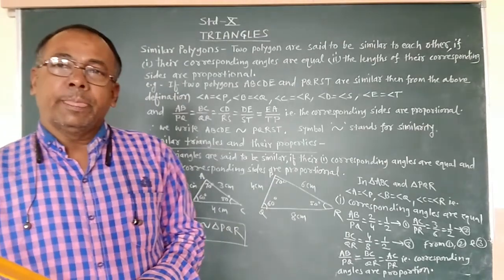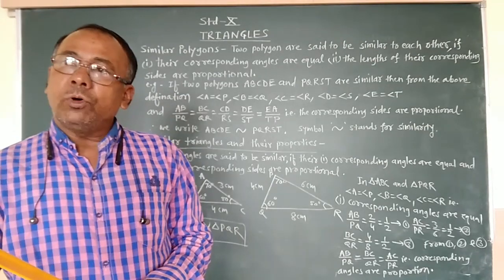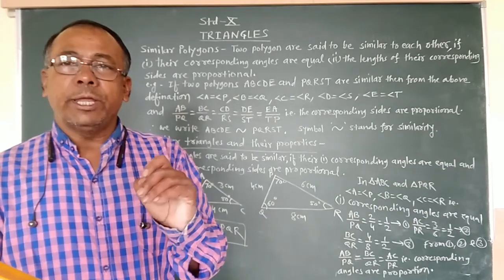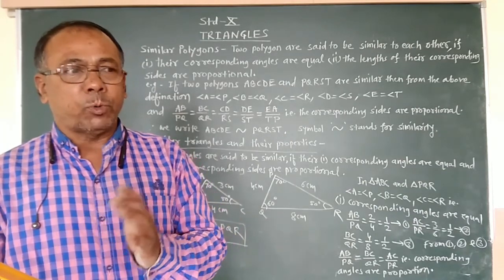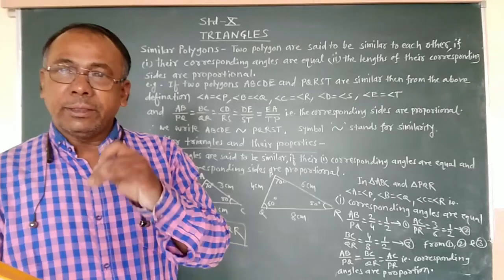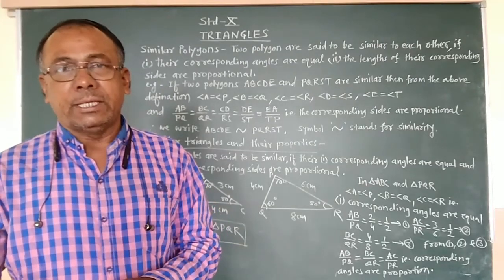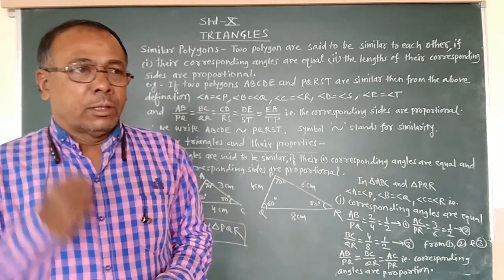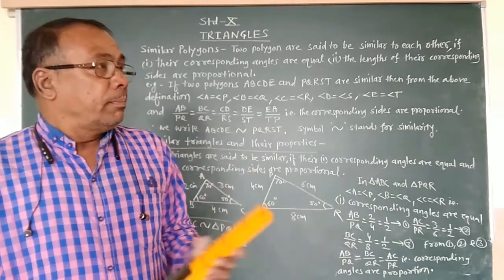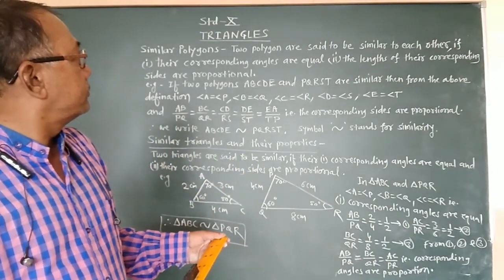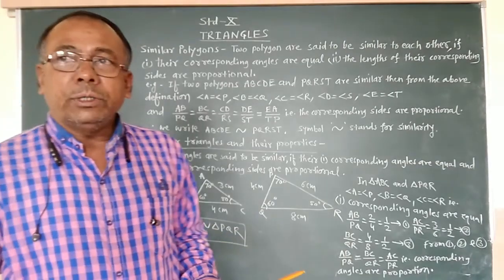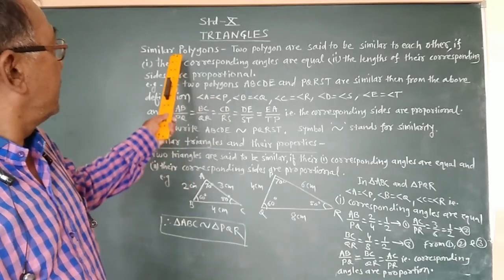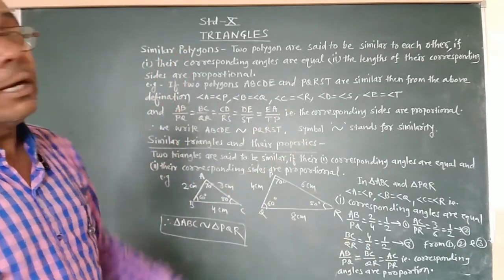Means if both the triangles have corresponding angles equal and corresponding sides also equal, then and then the two triangles are congruent.